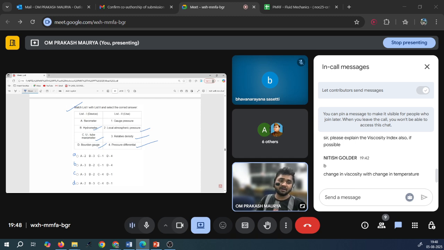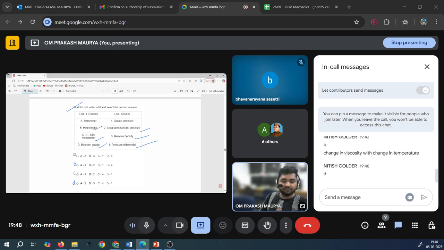Please everyone try to write your answer. Very important and very easy questions, you can say. Nitish is telling option D. Okay, good. Other students please also try to write your answer. This is a very important question.